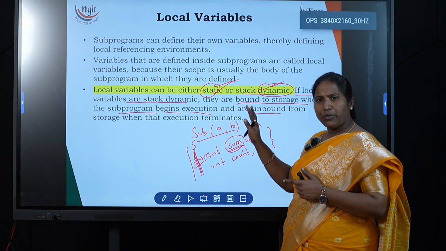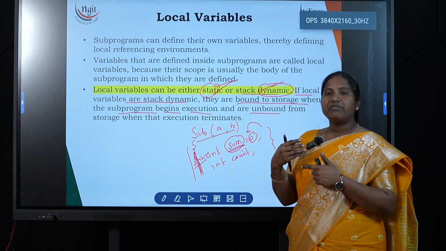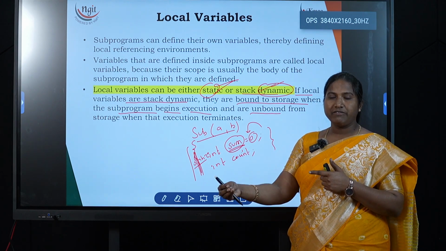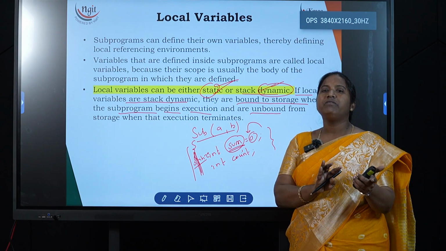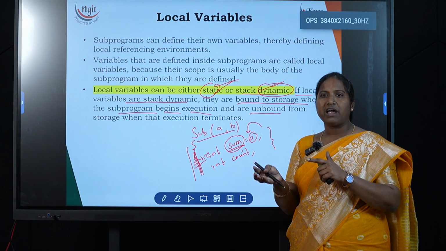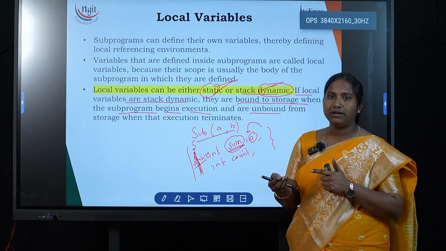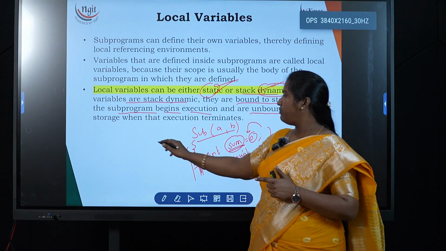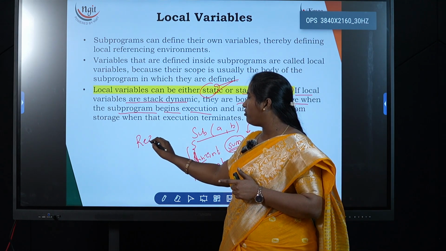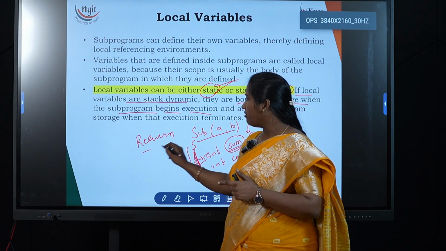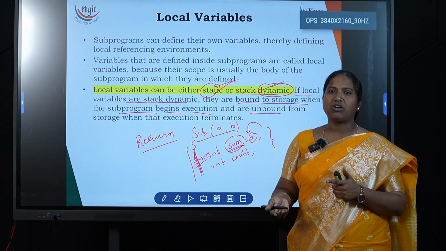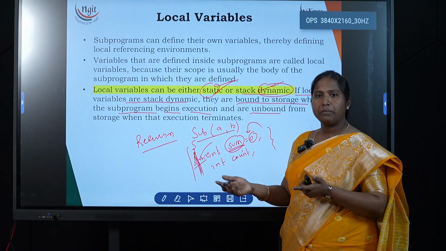It is an advantage actually: whenever a variable is active in the subprogram, memory will get allocated. When it is inactive, memory will get deallocated. This will be an advantage when we execute a recursion program. Fine. If you don't have the recursion concept, we say that static is the best one.